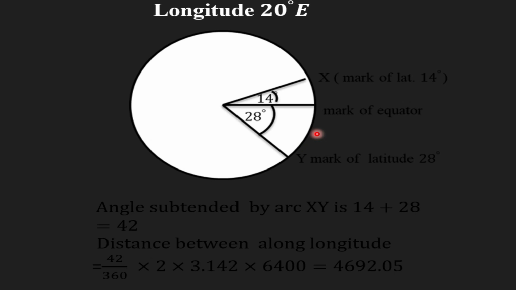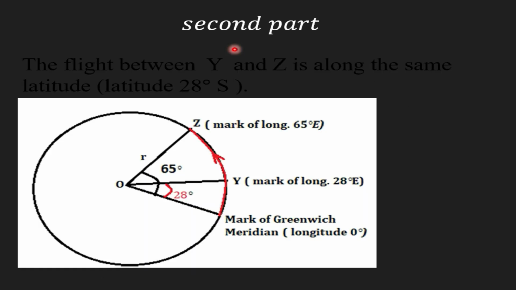So they are on the same line. It's 14 degrees, 28 degrees along the same longitude. And then from Y to Z on a different longitude and latitude.